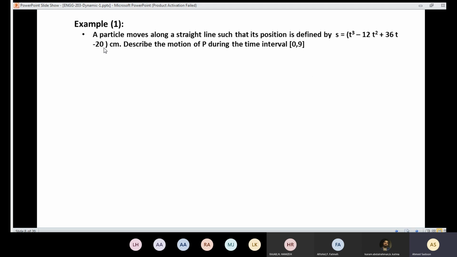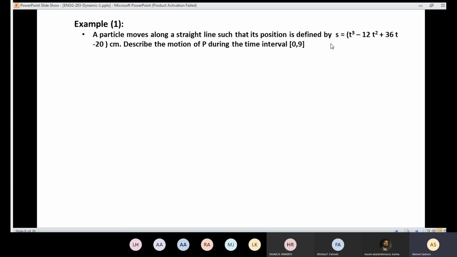So I have a particle moving along a straight line, and in order to know the movement or the position of that particle, we have an equation for that. The position equals t cubed minus 12t squared plus 36t minus 20 centimeters.